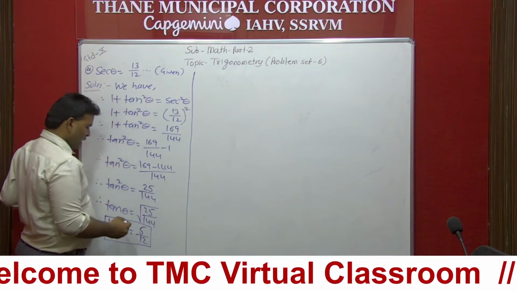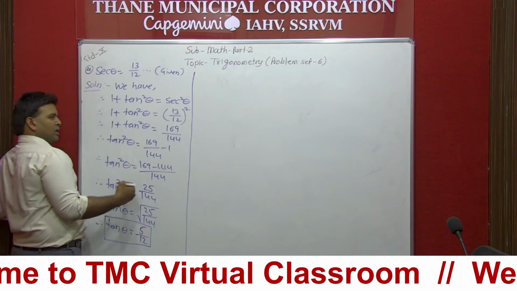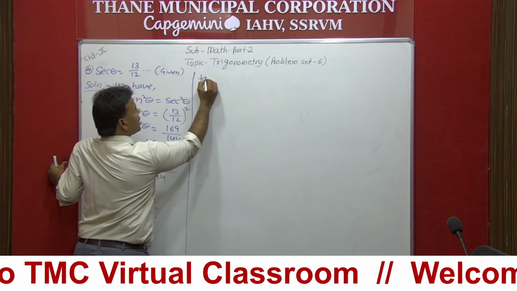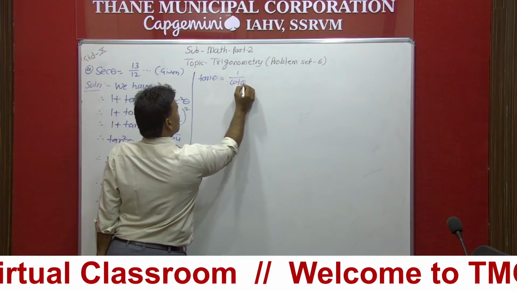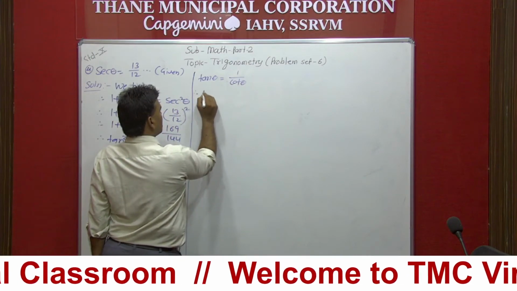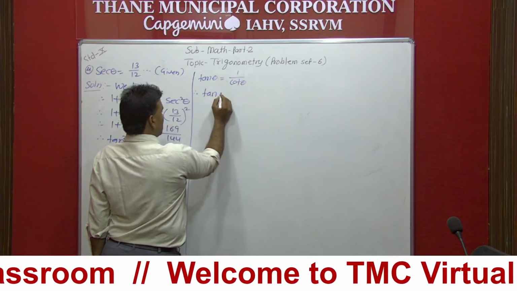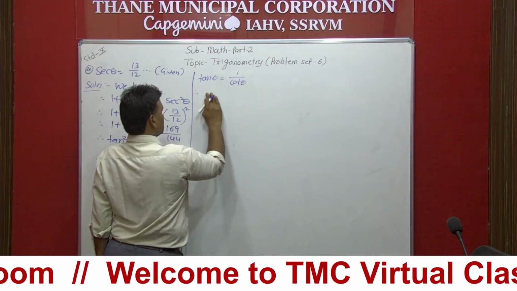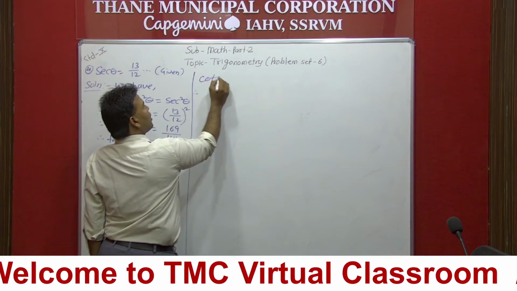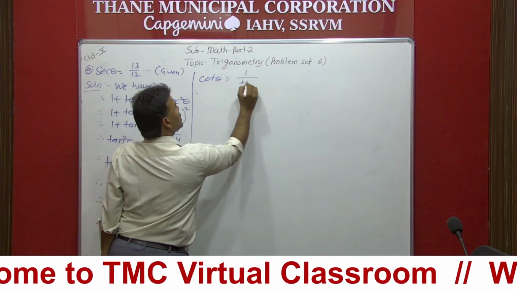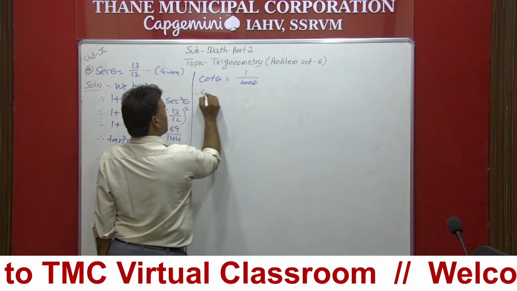After getting tan, I will take the converse of this. What is the converse of tan? Sorry, let me change that, first we write cot theta. Cot theta is equal to 1 upon tan theta.